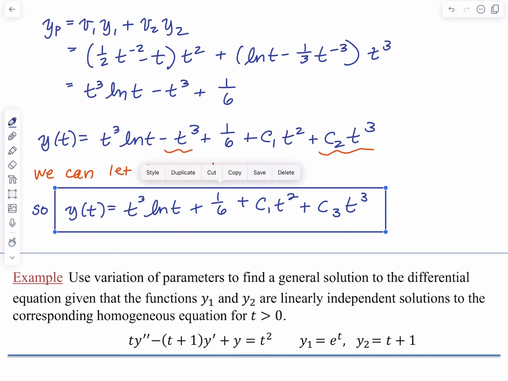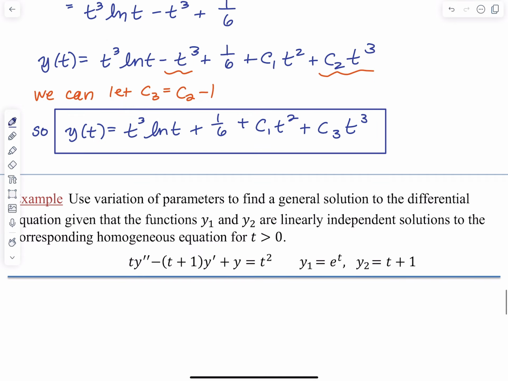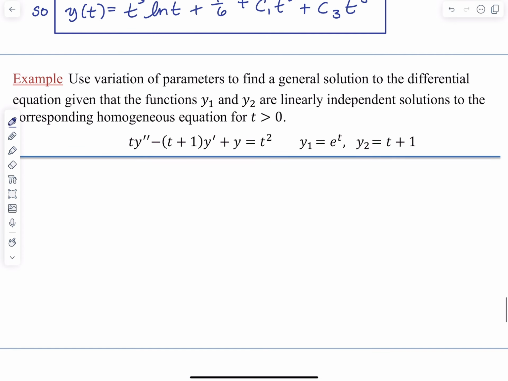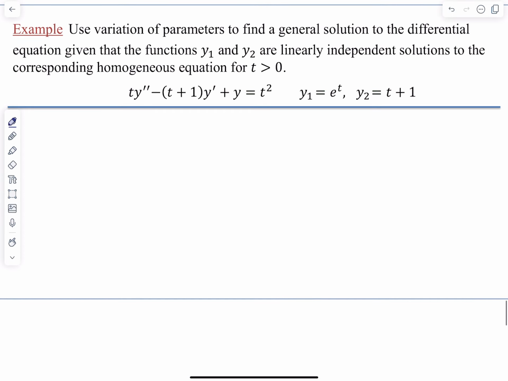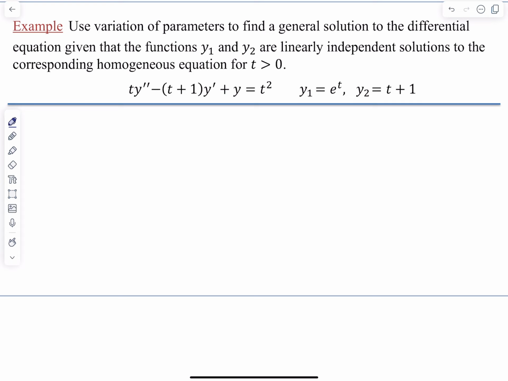Let's give another one of these a try. Here we're given the same thing. We're given two linearly independent solutions to the corresponding homogeneous equation. And we do have t y double prime minus t plus 1 y prime plus y equals t squared. Let's go ahead and write this function in standard form, dividing every term by t.